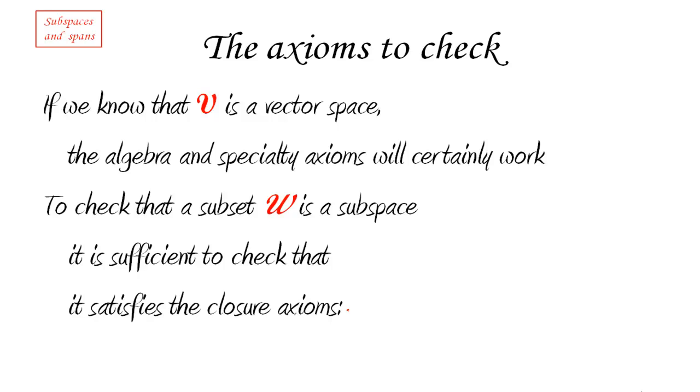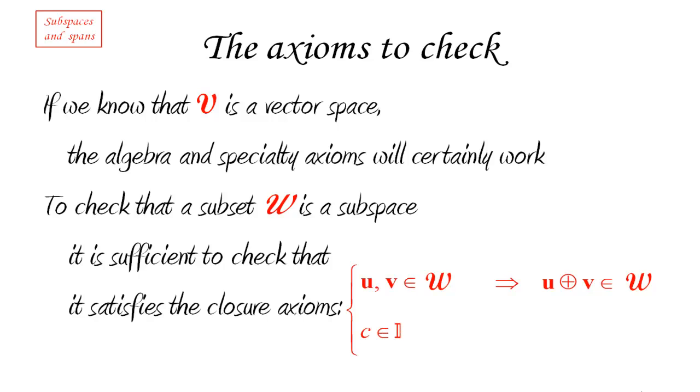And just as a reminder, the closure axioms are these two. First of all, closure with respect to addition. That says if I have two vectors in this subset, when I add them up, I must end up with another vector which is still in the same subset. I cannot move outside of that subset. It has to be closed with respect to addition.